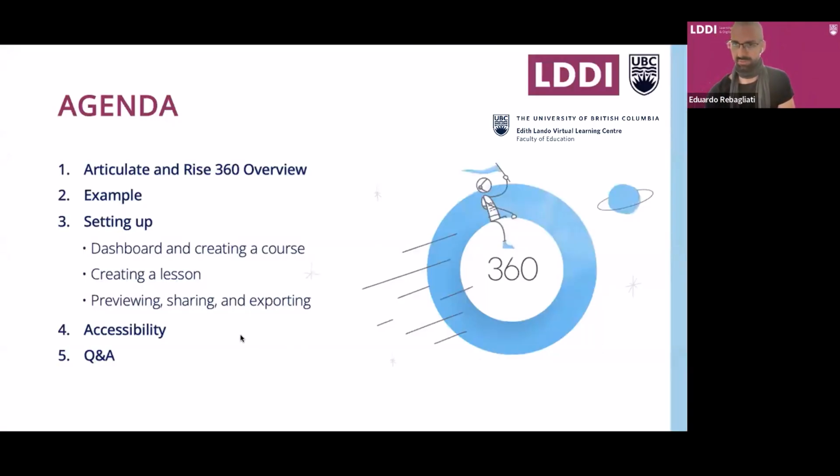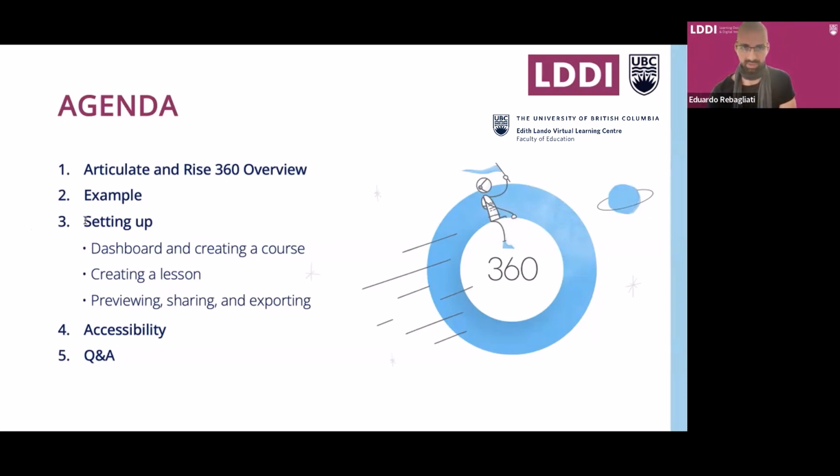Here's our agenda for today. We're going to be looking at a couple of things. First of all, an overview of what Articulate and RISE 360 are. Then we'll show you an example of a course that we built using this platform. That will give you an idea of the affordances and an end product. Then we'll explain the whole creation process, meaning how you set up a course.